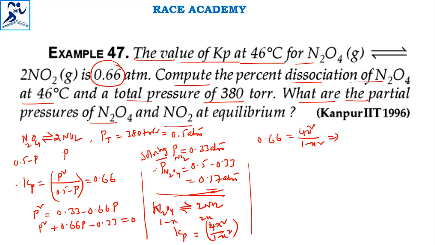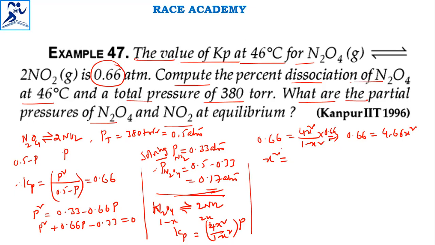Upon cross multiplication, you will get 0.66 equal to 4.66 x square, and finally x square will become equal to... the P will come into this. The P they have given is 0.66.